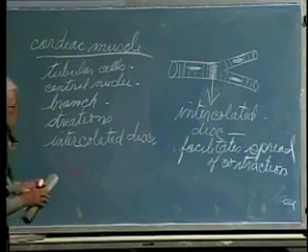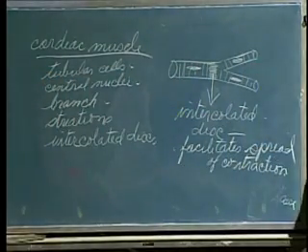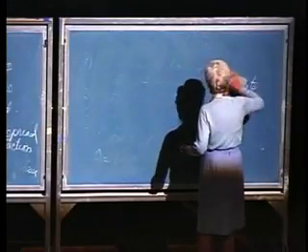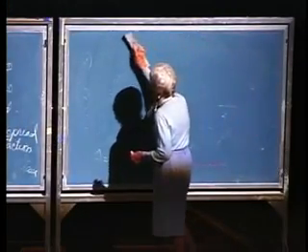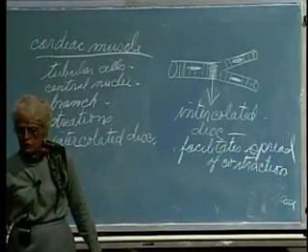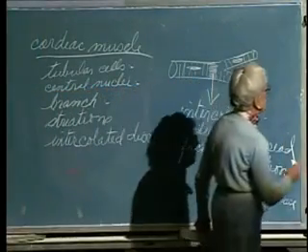Now, we move on to skeletal muscle. How many times does your cardiac muscle have to beat every minute that you're sitting there? About 72 times per minute, right? Cardiac muscles contracting.